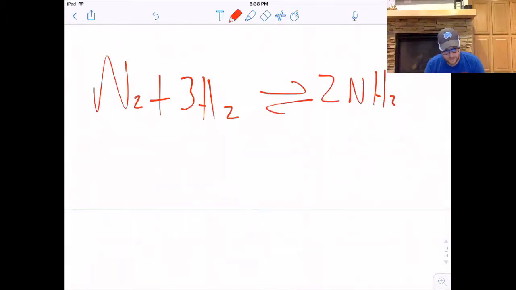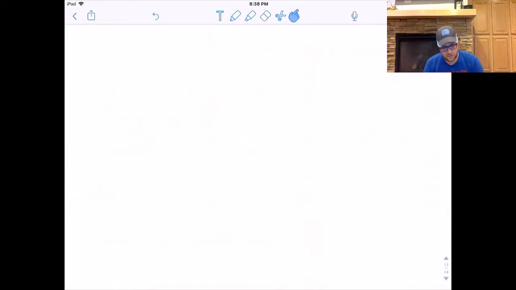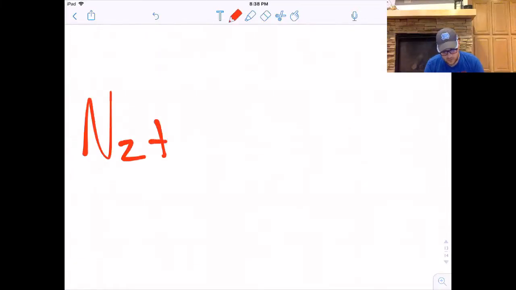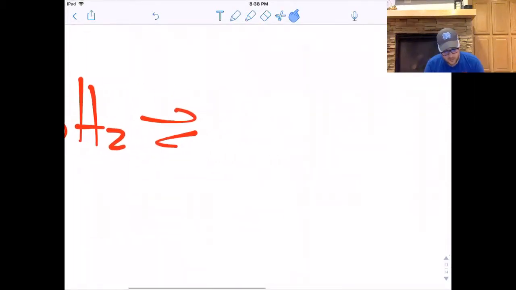When nitrogen and hydrogen react at equilibrium to make ammonia, it releases 91.8 kilojoules of heat. So this is exothermic. And this is in a happy place.